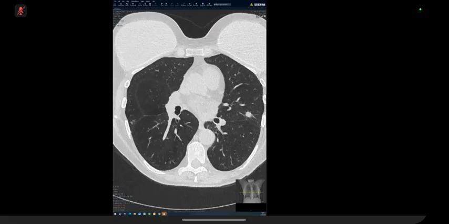Is there an abdo-pelvis that I can have a look at to see if there's another primary elsewhere? Okay, so you want to exclude a hidden primary somewhere? Yes. Okay, let's assume there isn't any. I think we've done a PET scan, and there wasn't anything.